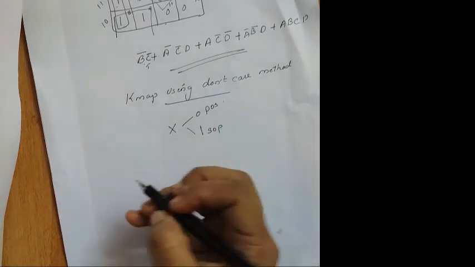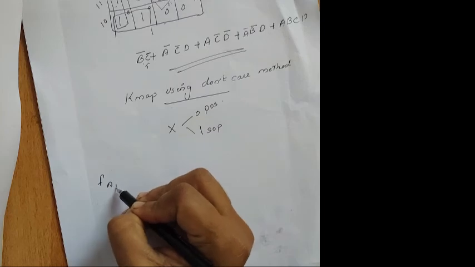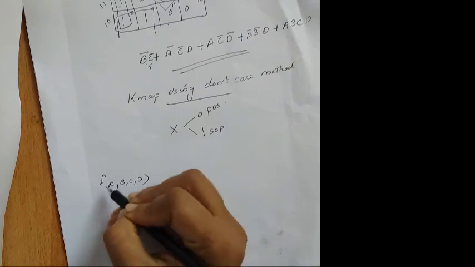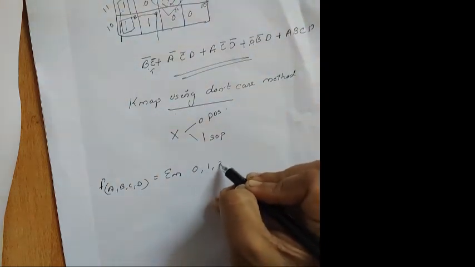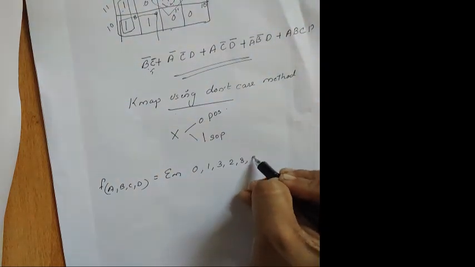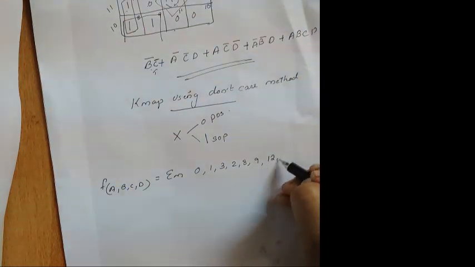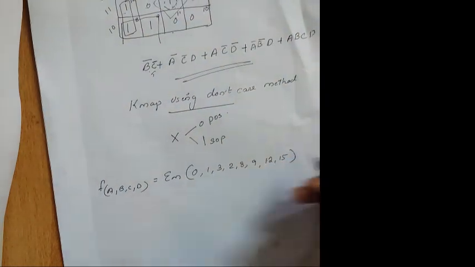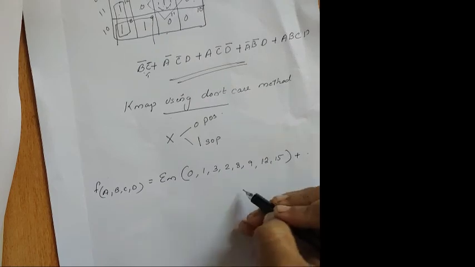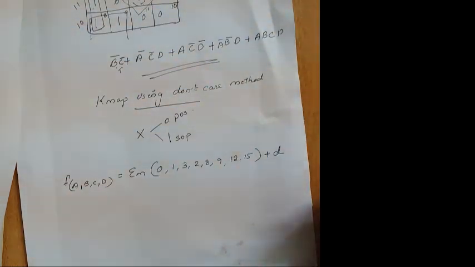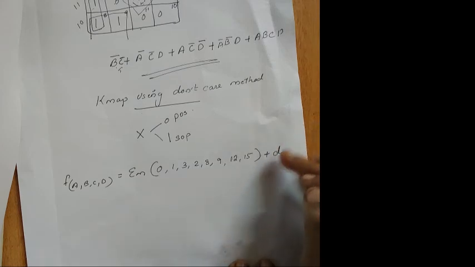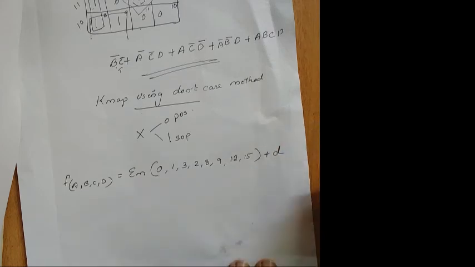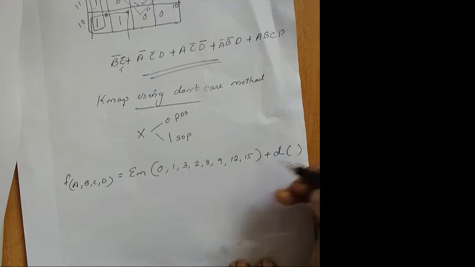I'm giving you the same example that we have taken. The function F(A,B,C,D) is equal to summation m(0, 1, 3, 5, 8, 9, 12, 15) plus d, where d means don't care.